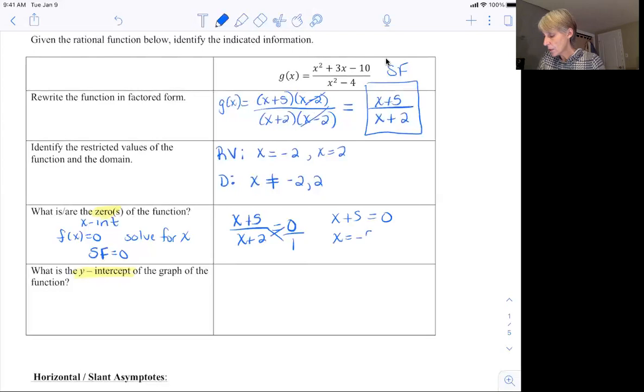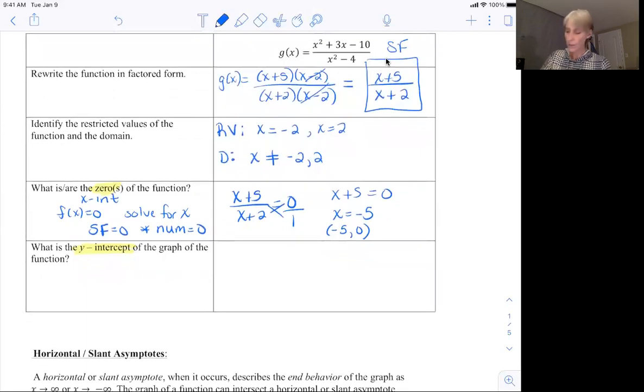And our x-intercept is -5, or you could say the point -5, 0. Okay, so just on a little side note, you're just going to set the numerator equal to 0, make your life easy.